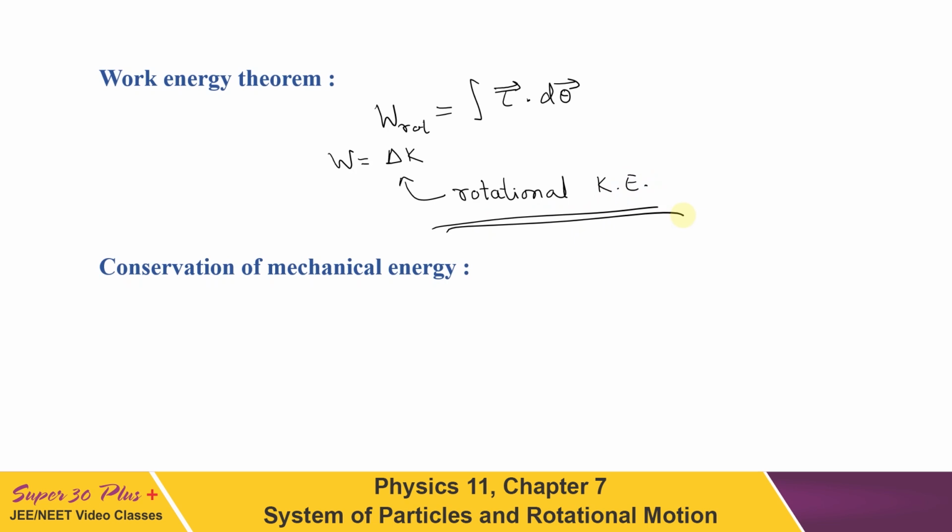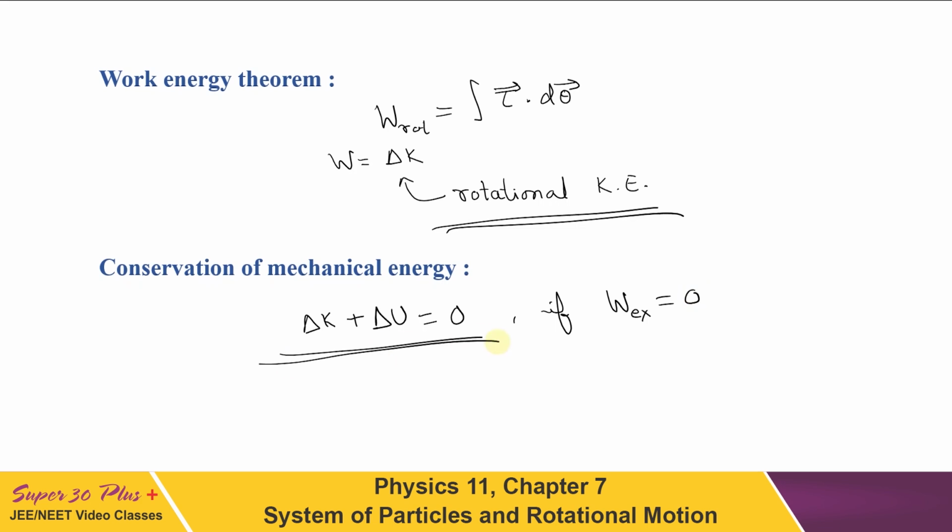So we can write again delta K plus delta U has to be equal to 0 if work done by external torque is 0. The only thing is that this time we have to consider work done due to torque and not the force. So we can apply conservation of mechanical energy also for rotation where no work is done by the external torque.